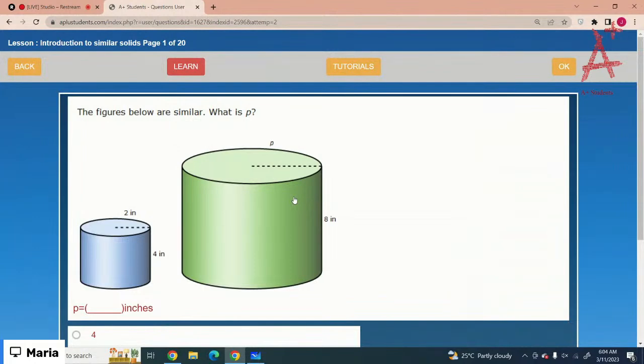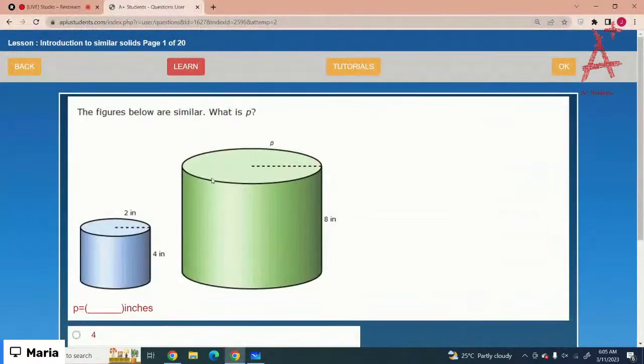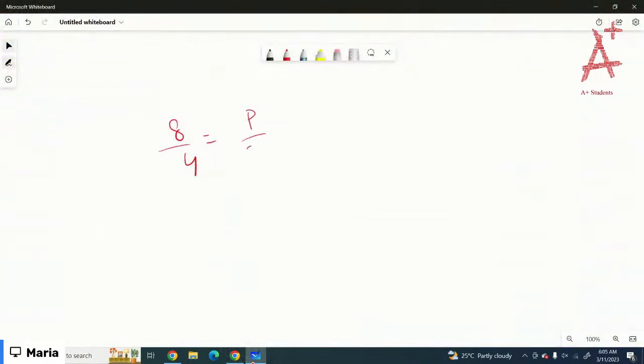The figures below are similar. What is P? Okay, just form a proportion between their corresponding sides. 8 and 4 are corresponding sides, so it would be 8 over 4. And the other corresponding sides are their radius, P divided by 2. Got it? So you have to solve this equation for P. You need to find the value of P. Just multiply this 2 to the other side.